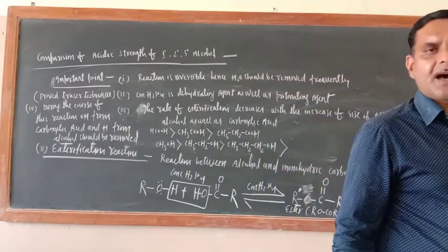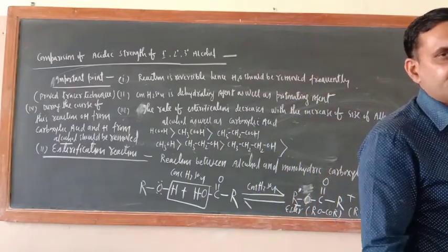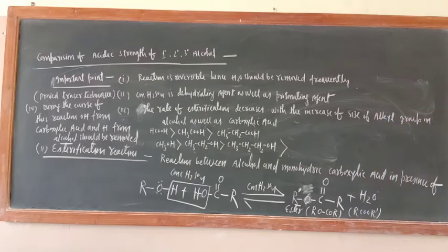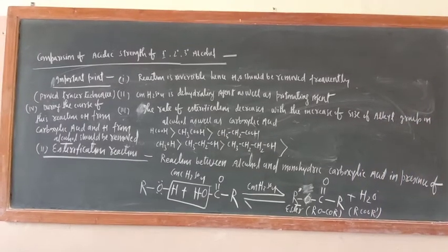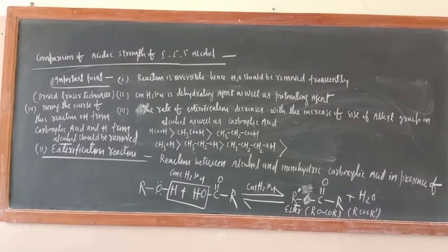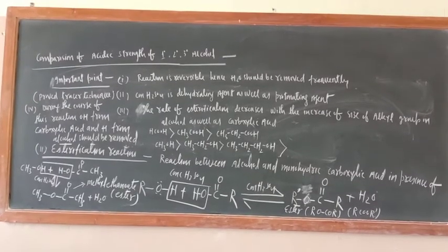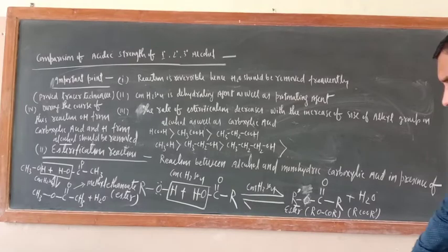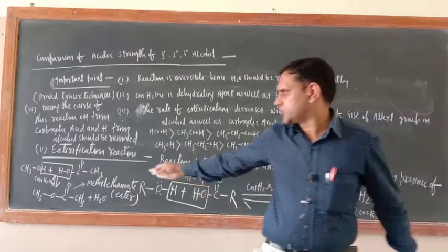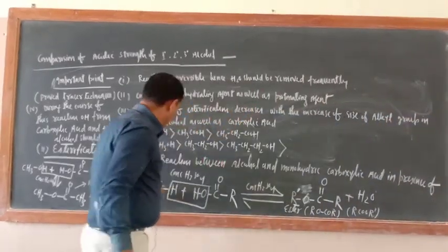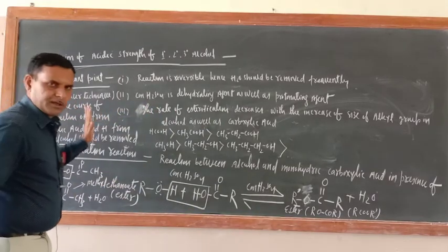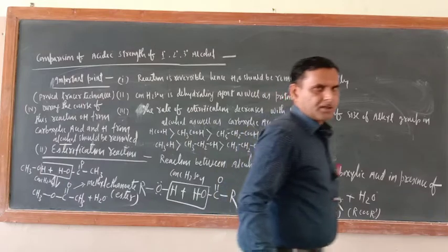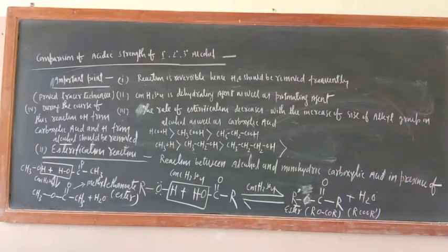These reactions are because of the removal of H from the alcohol. On this side I wrote the individual reaction also. This is also an esterification reaction only. Remaining thing is over.